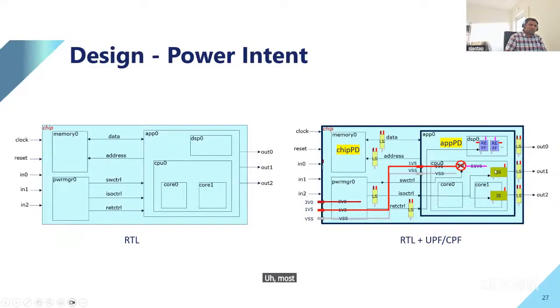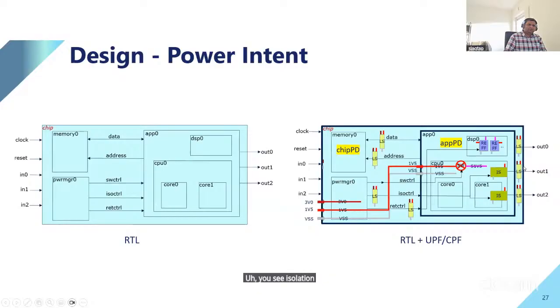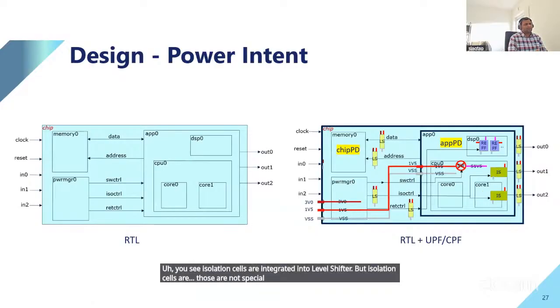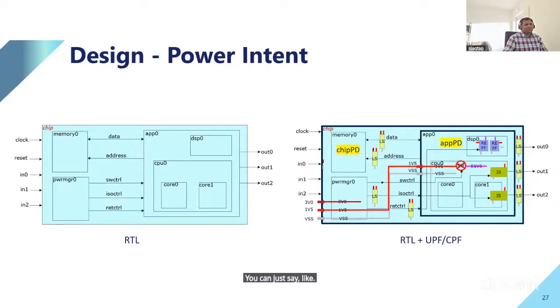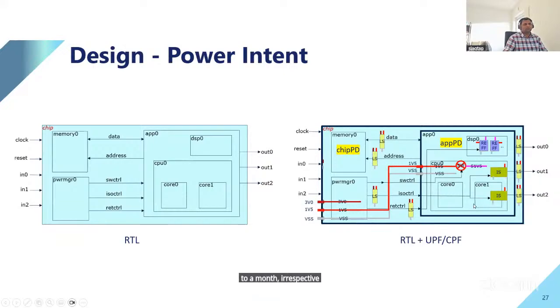Most of the time now, you don't see isolation cells as standalone cells. You see isolation cells integrated into the level shifter. But isolation cells are not special cells, to be honest. You can just say it's an AND gate, basically, because an AND gate has only one controlling input. Or an OR gate: if you control the controlling input to a 1, irrespective of whatever the other input is, your output of the OR gate is always going to be a 1.